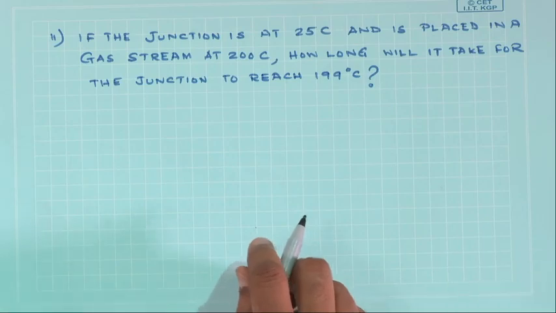So, the problem is the junction is at some temperature, room temperature, 25 degrees centigrade. In any measurement device, the response of the measurement technique should be very fast, such that once you place the thermocouple in the gas stream, it should very quickly find out the temperature of the gas stream.